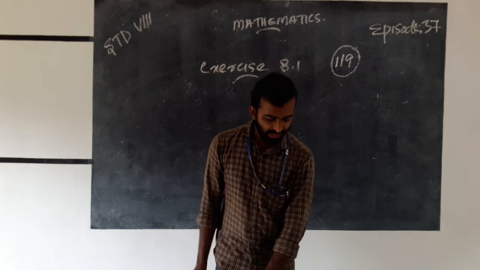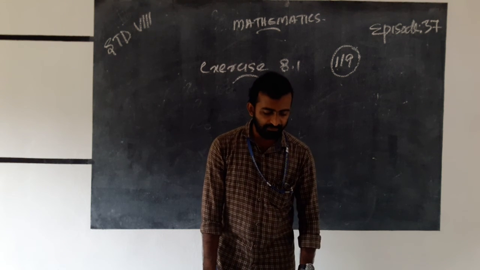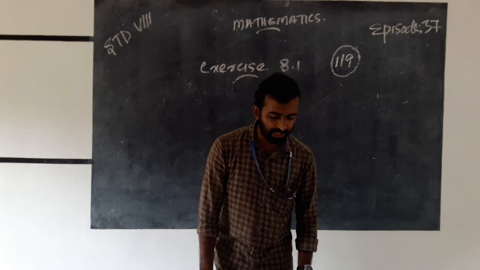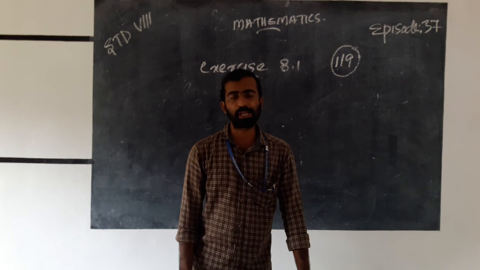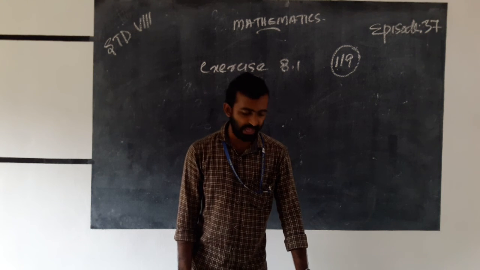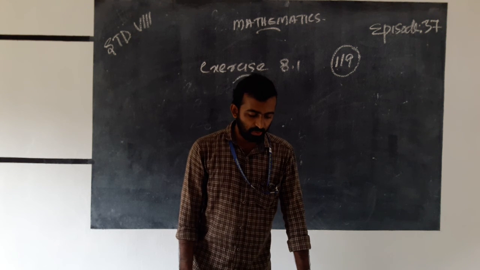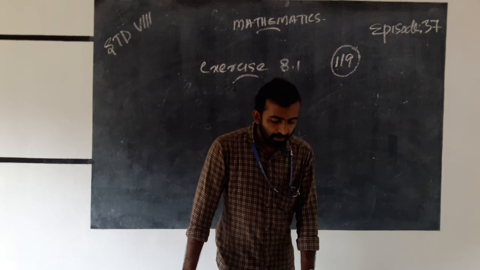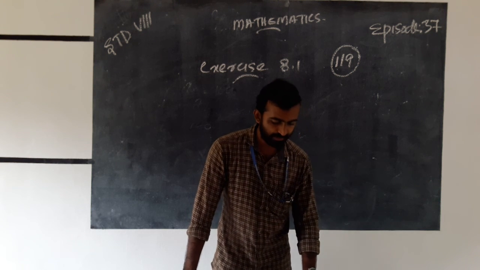First is the speed of a cycle, 15 km per hour, to the speed of a scooter, 30 km per hour.